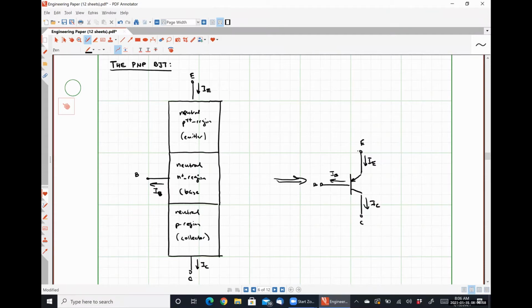And so we have a voltage here, VEB, a voltage here, VEC, and a voltage here, VBC. Let me rewrite this one because my pen's getting ugly. VEC. All right.